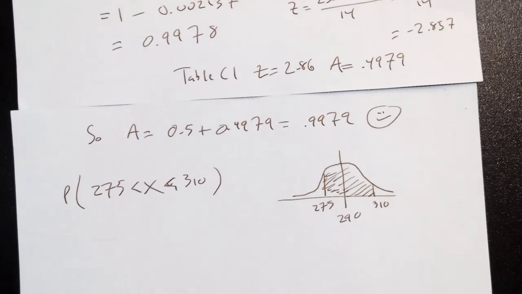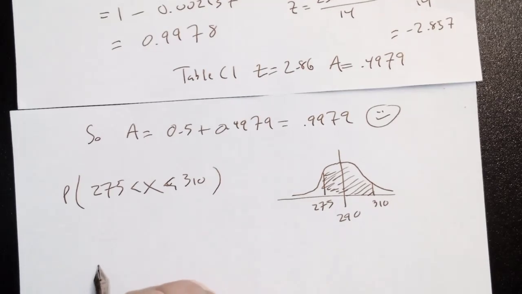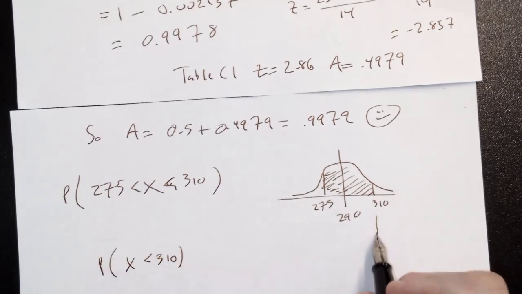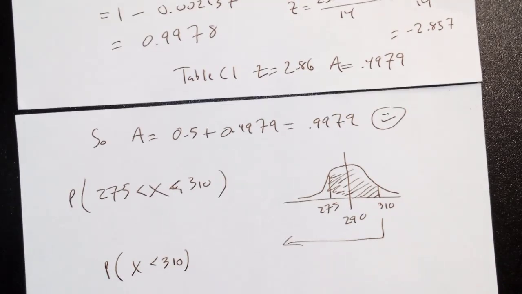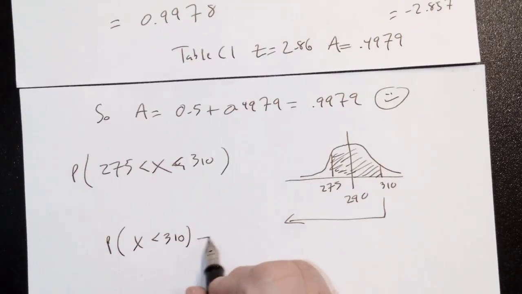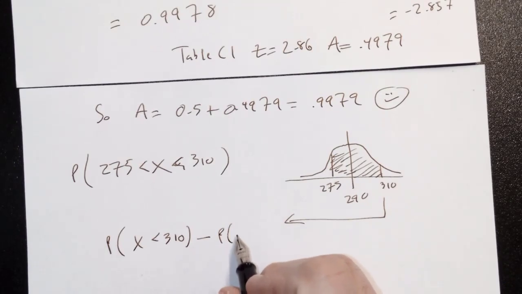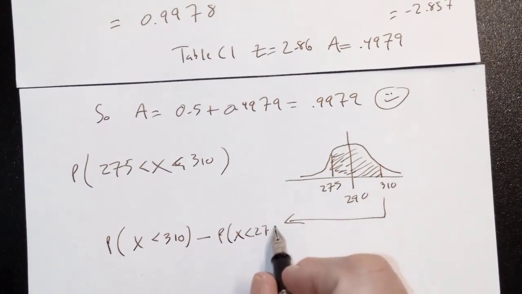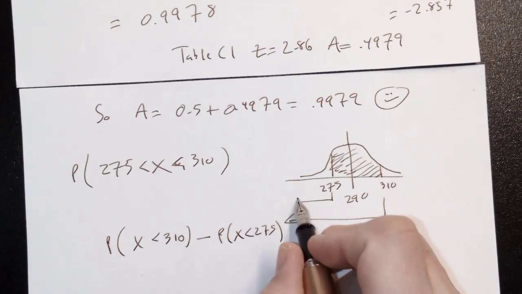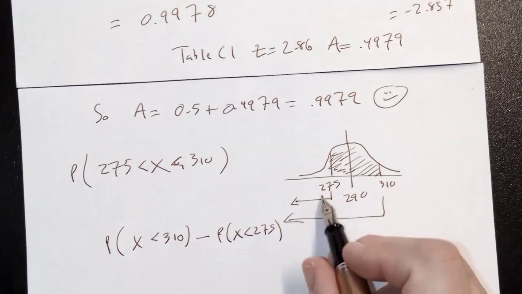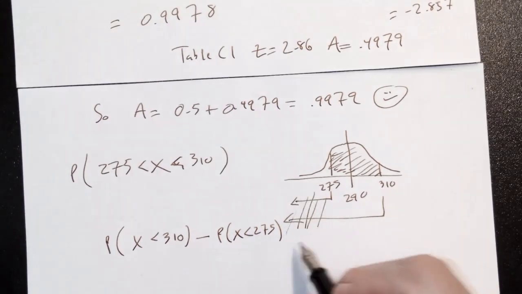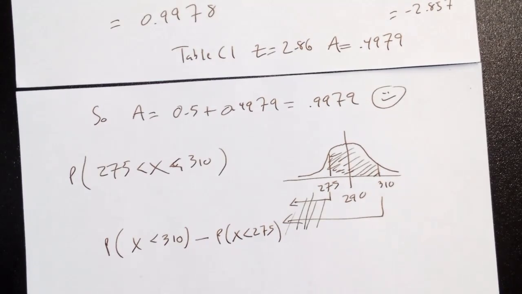What I could do is take the chance of X being less than 310, which would go from here all the way to the left, and then take away the chance of X being less than 275, which would go from here to the left. If I cancel those two pieces out, that gives me the piece I want in the middle.